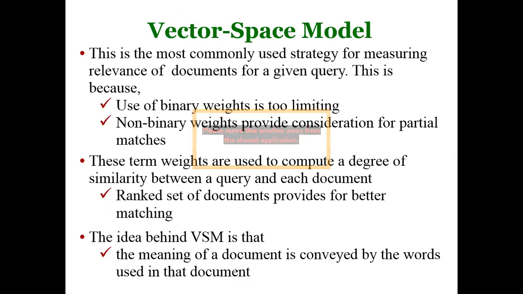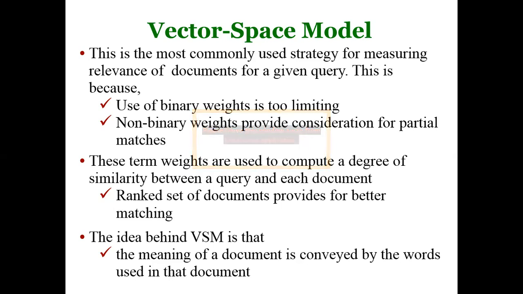The solution is that researchers came up with the vector space model that takes into account non-binary weight, partial matching, and best matching. So terms are identified based on their importance to represent a document, and the documents are identified based on their relevance for a given query.